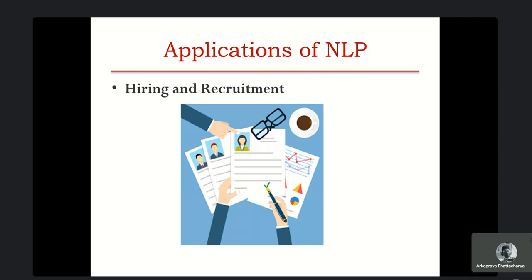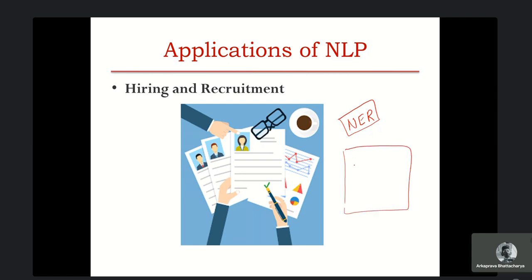Next one is hiring and recruitment. The human resource department is an integral part of every company. How are they able to look into each and every resume? One of the methods we can use is named entity recognition, NER. This will help me understand a resume.